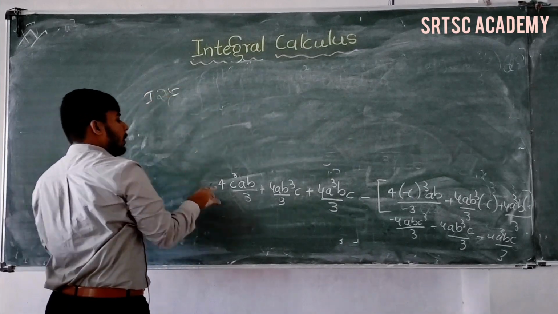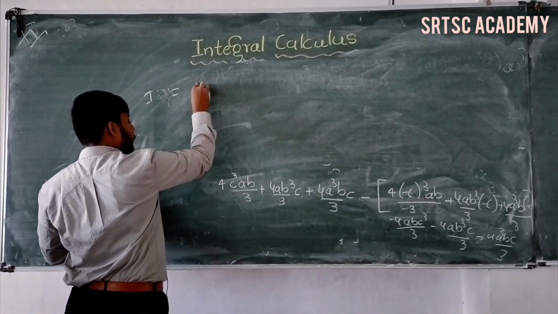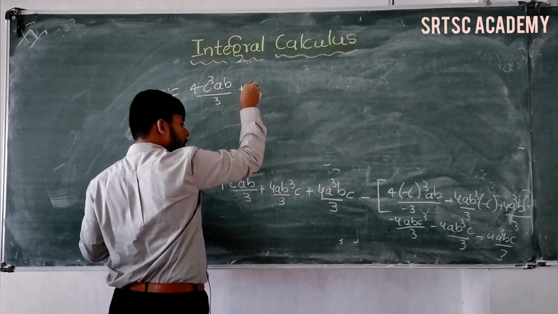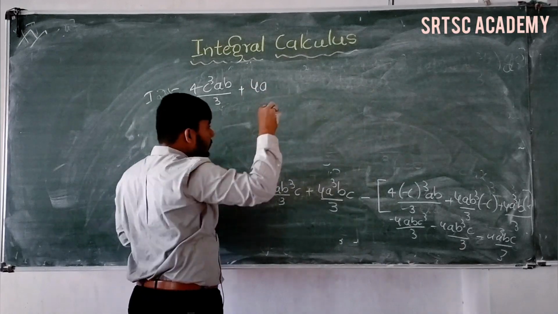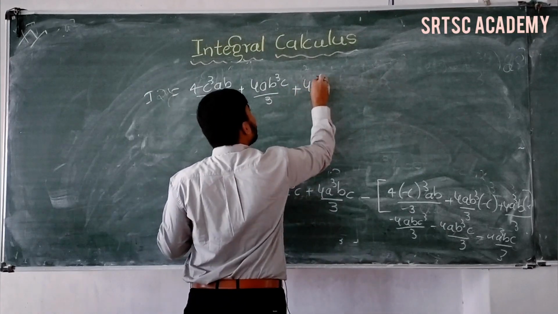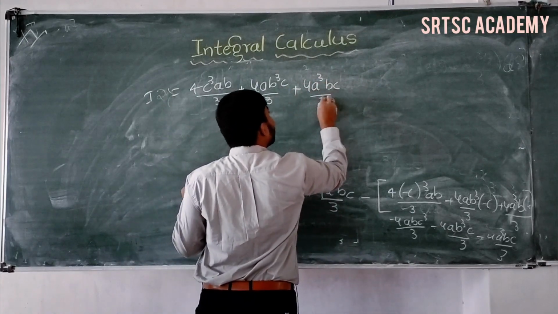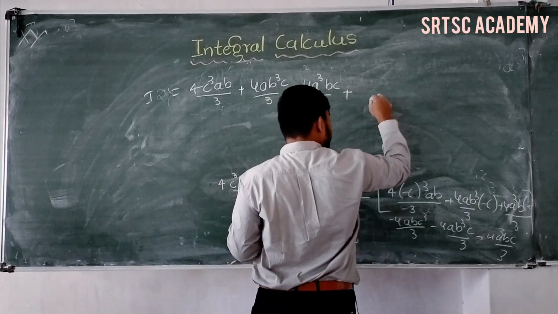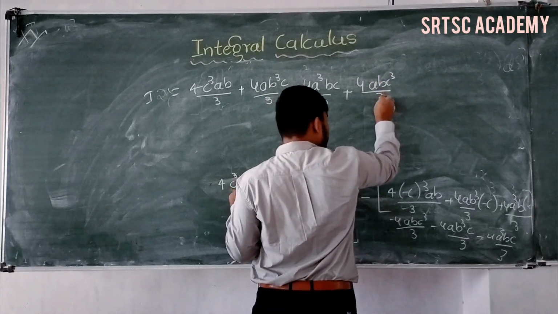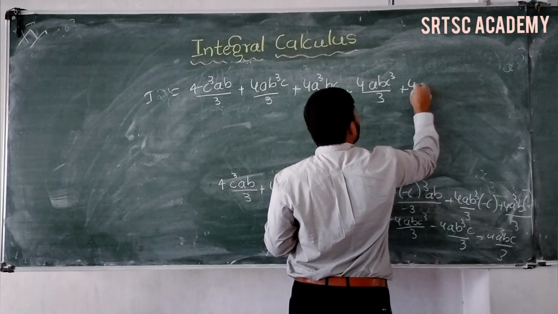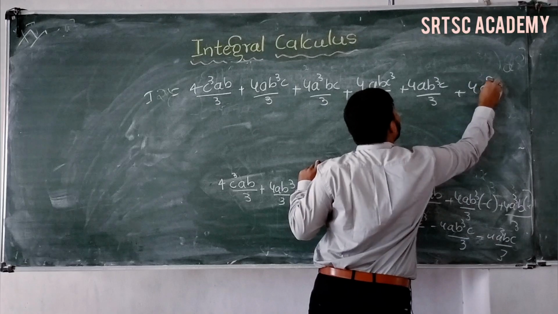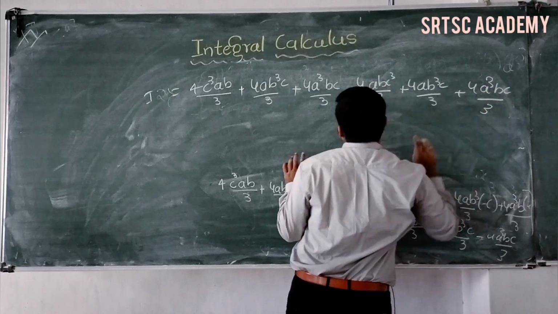Okay, sorry. It becomes what? 4c³ab divided by 3 plus 4ab³c divided by 3 plus 4a³bc divided by 3 plus 4abc³ divided by 3 plus 4ab³c divided by 3 plus 4a³bc divided by 3, right?